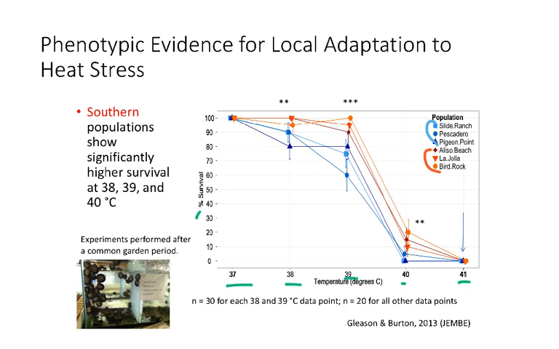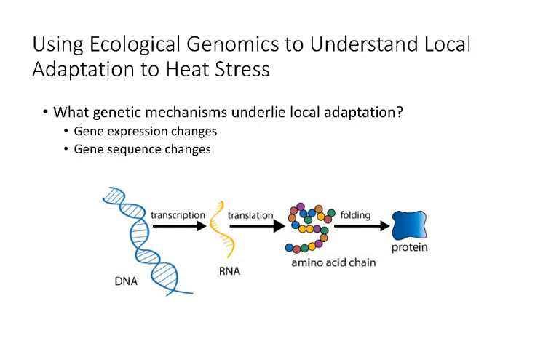We see at 3 of these temperatures that Southern California individuals have significantly higher survival than Northern California individuals. Again, this was performed after a common garden period, so we know any phenotypic differences we're seeing are due to local adaptation. And just to point out, this arrow indicates 41 degrees, where I had that hash mark on the last graph, and we see 0% survival or 100% mortality for all individuals from all populations.